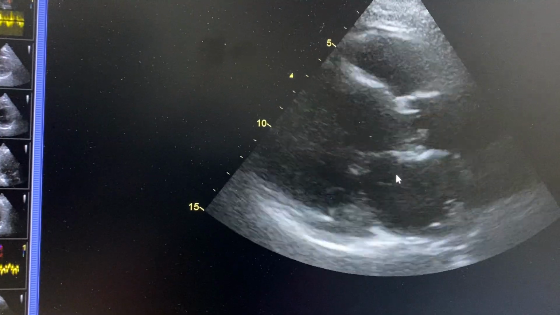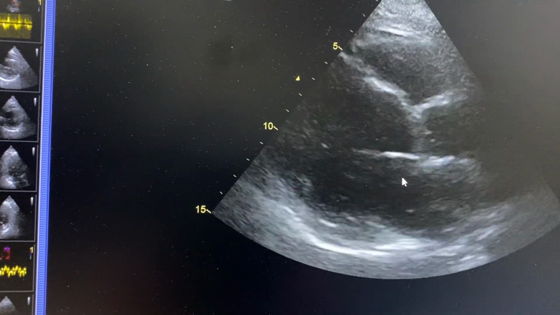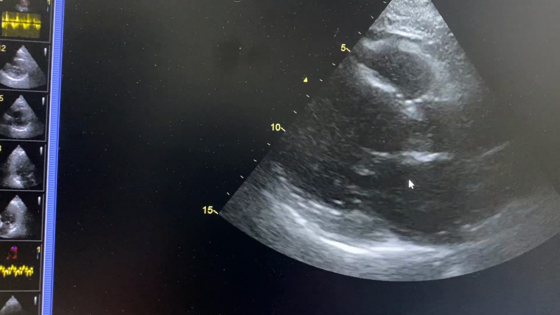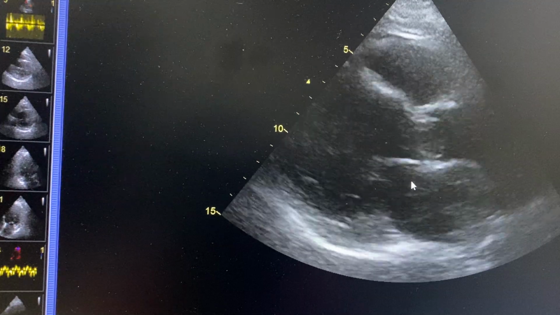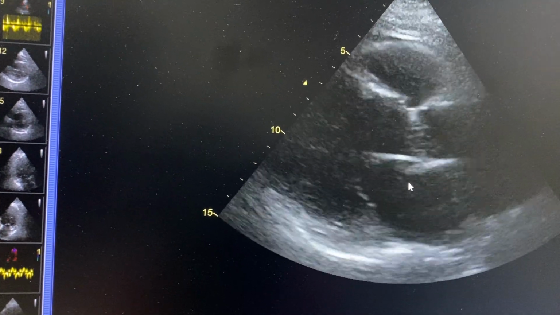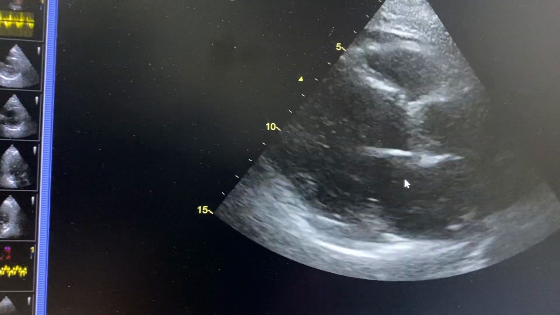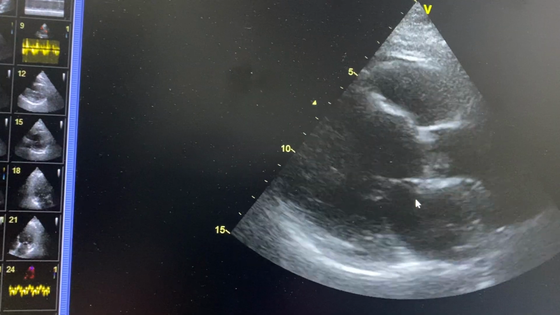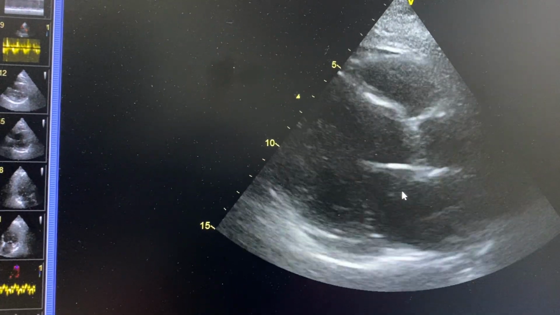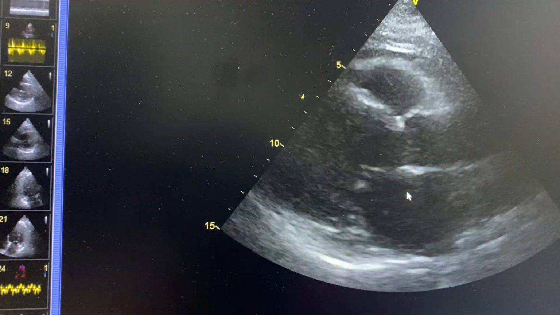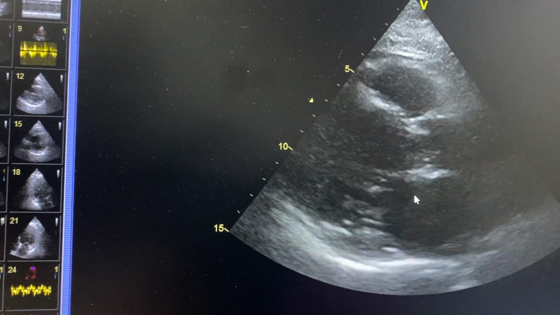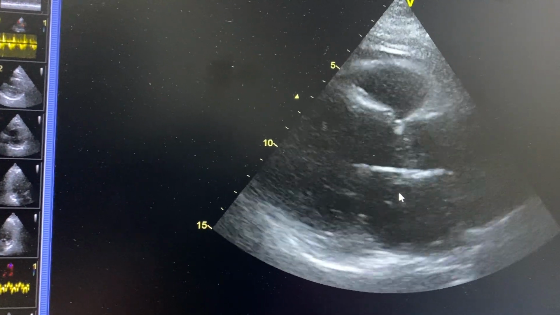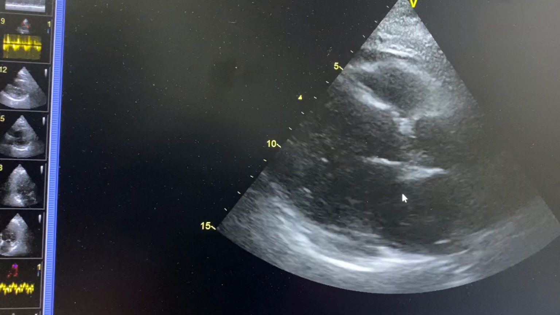So in cases where the RCA, let's say mid RCA, is occluded, we expect the inferior wall to be hypokinetic or akinetic, or to exhibit wall motion abnormality. That is in right dominant patients. In those who are left dominant, the PDA, posterior descending artery, originates from LCX, and that LCX will be supplying the inferior wall of the left ventricle.